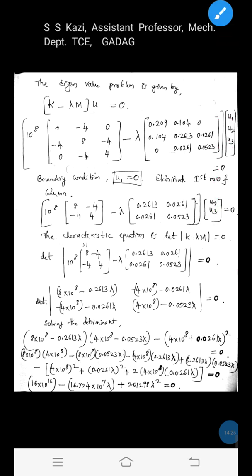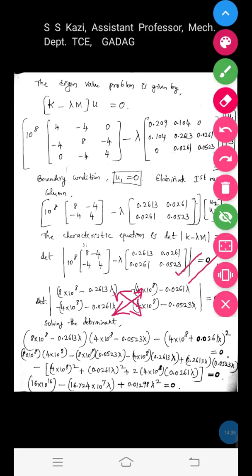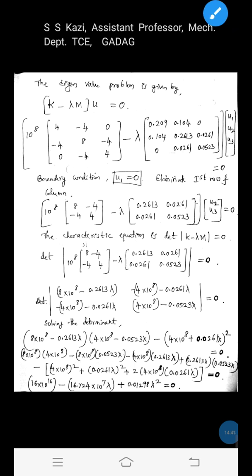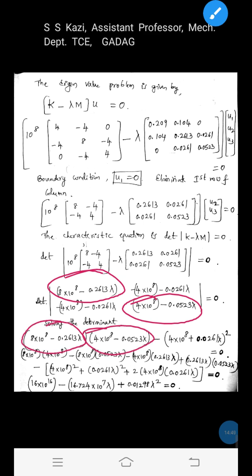This is what the k minus lambda m you have found. Once you find this, solve this determinant. We know how to solve it. Multiplication of these 2 terms minus the multiplication of these 2 terms will give the determinant value. Now you write this term multiplied by this term, minus of this term multiplied by this term.